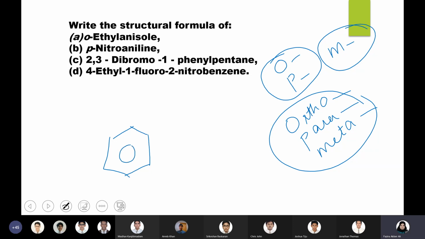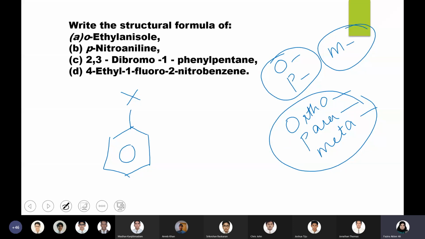Okay. And these ortho, para, and meta positions are used when at least two positions on a benzene are substituted with some other functional group. If it is mono-substituted, that is only one hydrogen is replaced with a functional group, then there is no need of using these terms ortho, para, and meta. So if you have already one group present, I'm just writing it as X, okay?